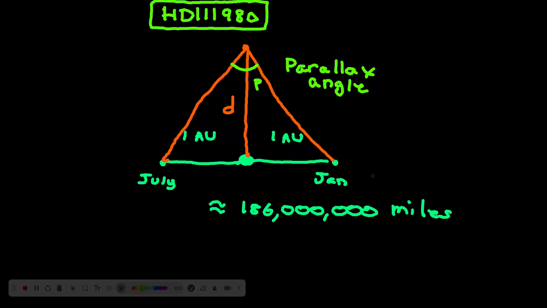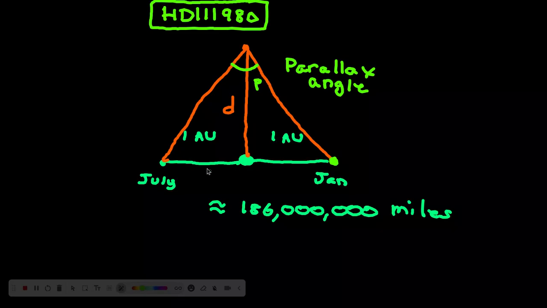And as the Earth, remember that's the Earth over here, as it moves in orbit, you can see the angle to Proxima Centauri will shift. That's the parallax. It'll shift, but HD 11980 will not move, even though it is moving, because it's so far away.